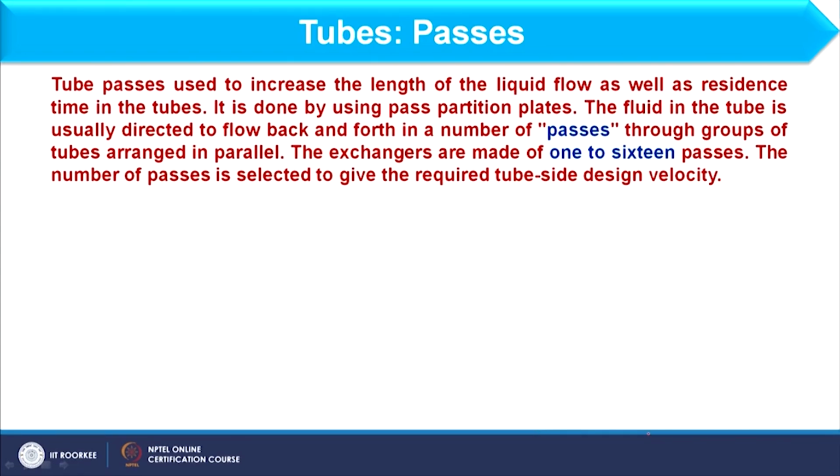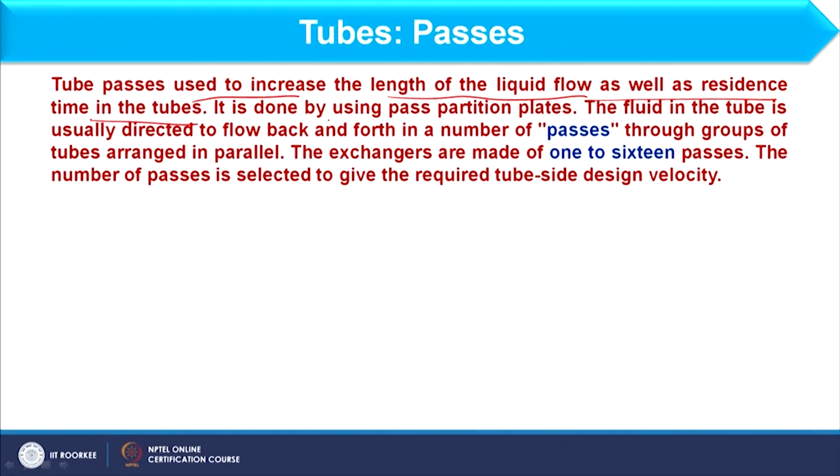Now, if I consider tube pass, and if I consider a 1-2 pass, what is the meaning of that? We are directing the complete mass flow rate of fluid allocated to the tube side to 50 tubes. Fine. So, tube passes are used to increase the length of liquid flow as well as the residence time in the tubes.